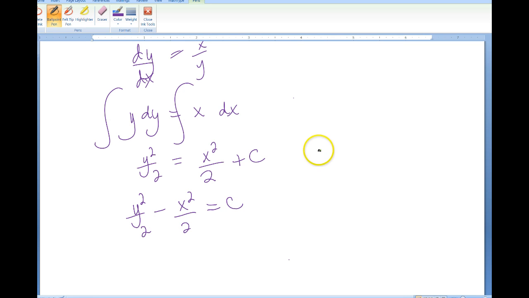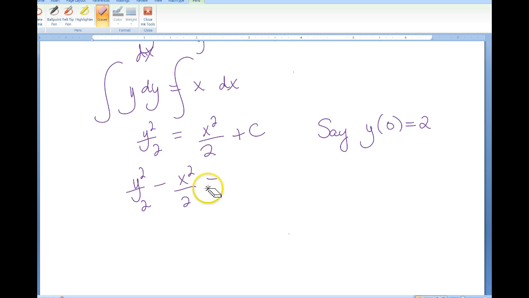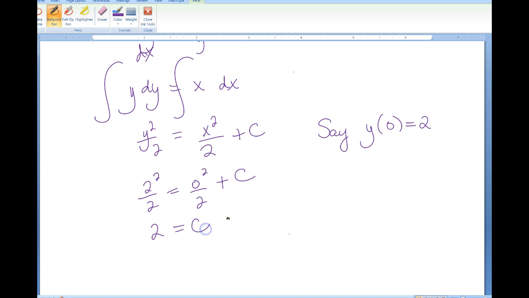So let's just say that we have a solution, let's say y of 0 equals 2. Okay? In that case, we would have 2 squared over 2 equals 0 squared over 2 plus c. So we'd have 2 equals c.